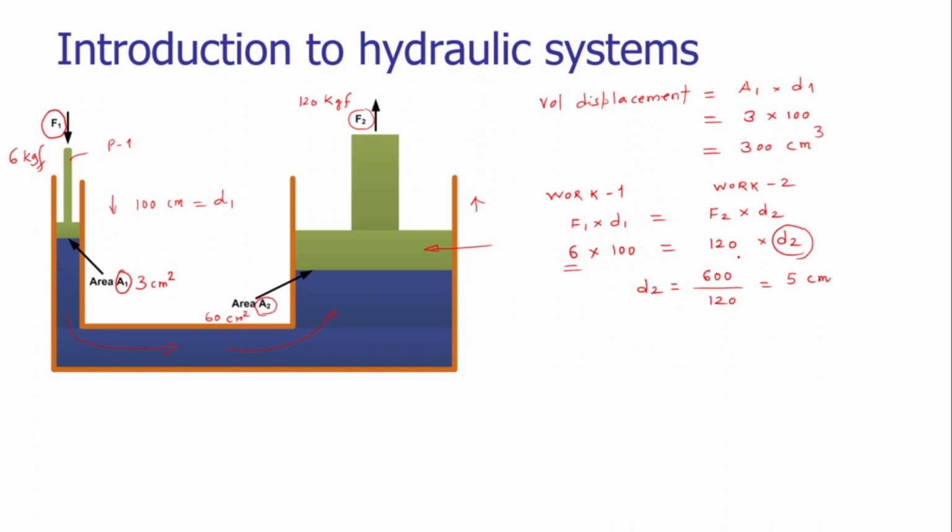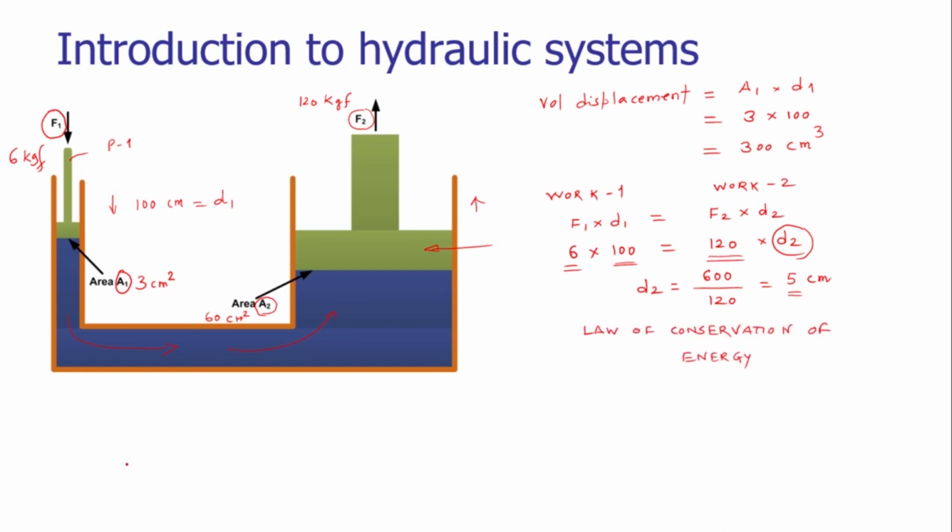The 6 is getting enhanced. There is a magnification from 6 to 120 kgf, but there is a reduction in the displacement. The reduction is from 100 centimeters on the left to 5 centimeters on the right side of the system. So this basically follows the law of conservation of energy.